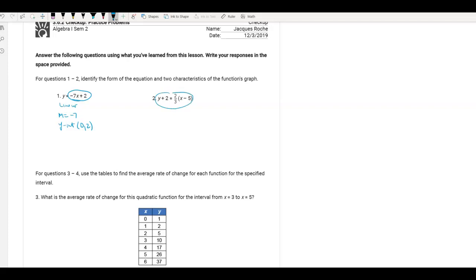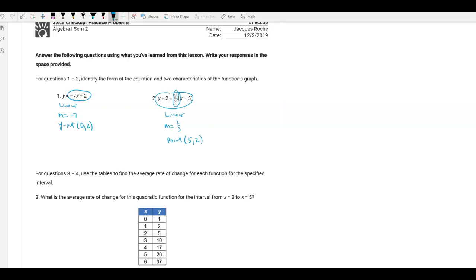Now this ends up being the point-slope form of a linear function. So it's linear. I know the slope is this right here, 2/3. And I know a point on this line would be the opposite of -5, which is 5. And then 2.